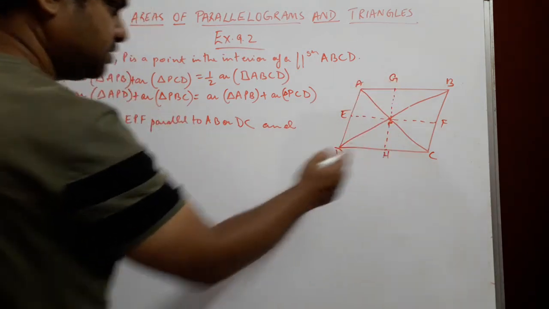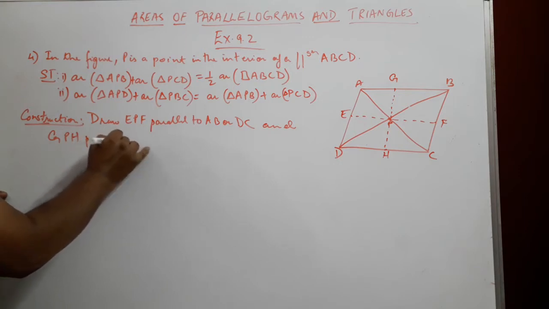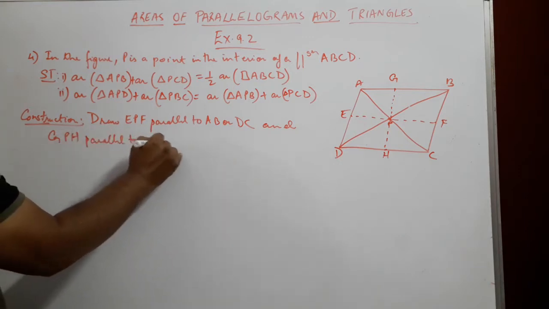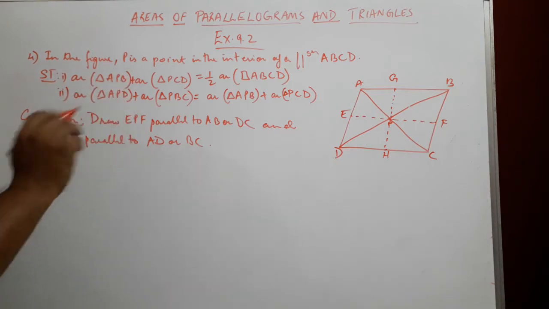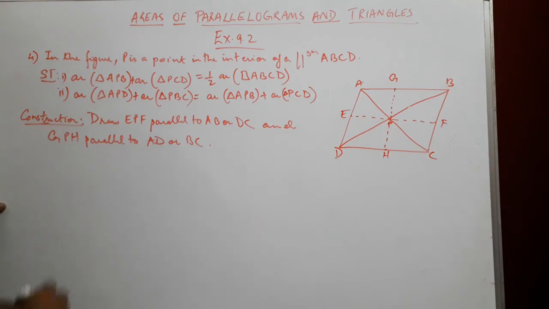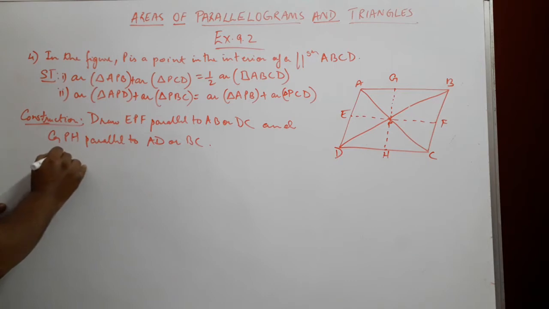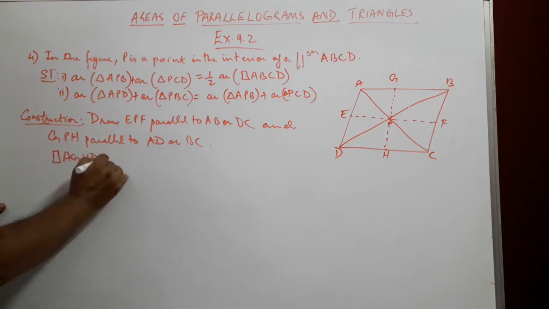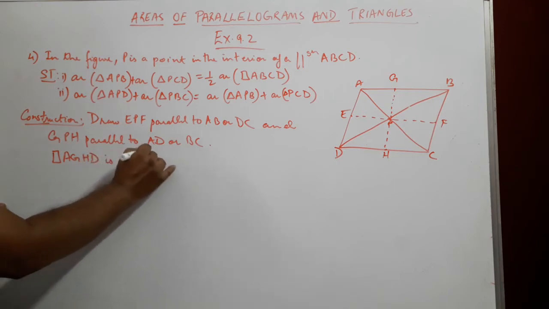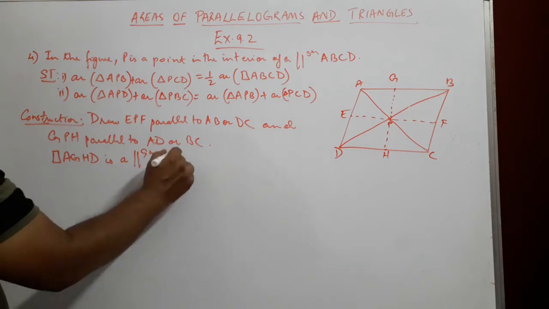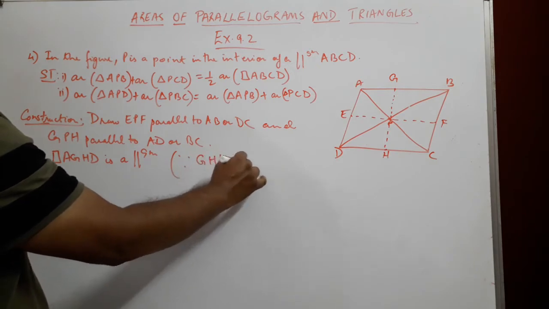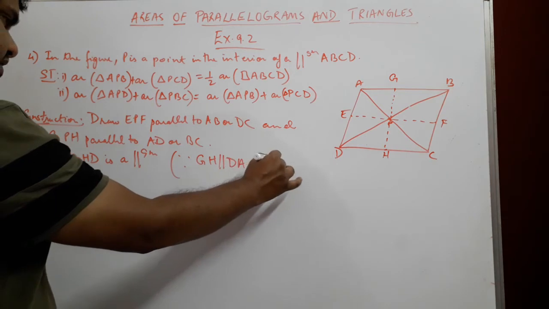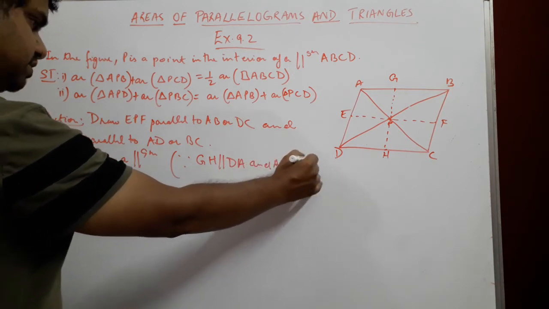GPH here parallel to AD or BC. Okay, so when we do that, we can say that AGHD is a parallelogram, and the reason we can give here is since GH is parallel to DA and AG is parallel to DH.